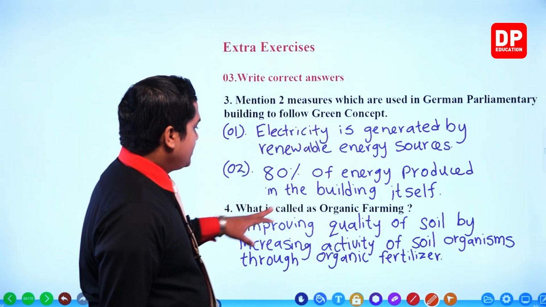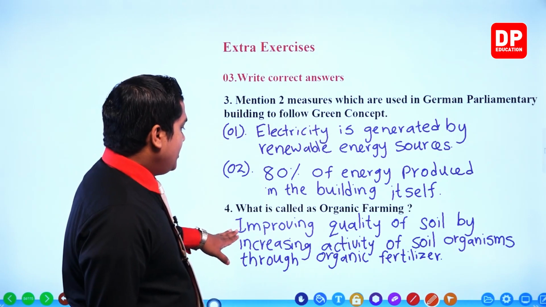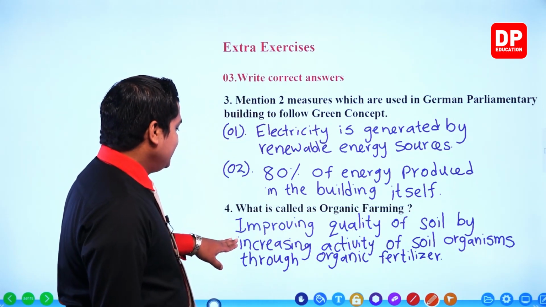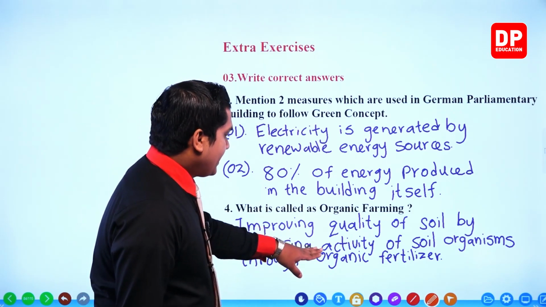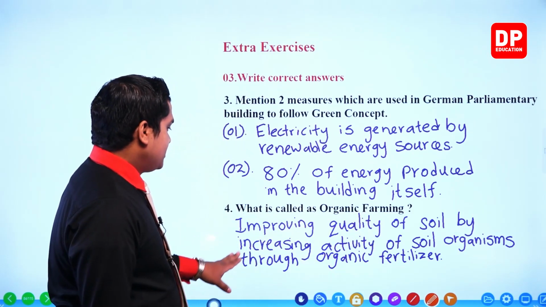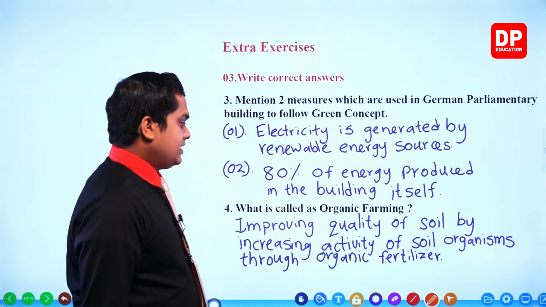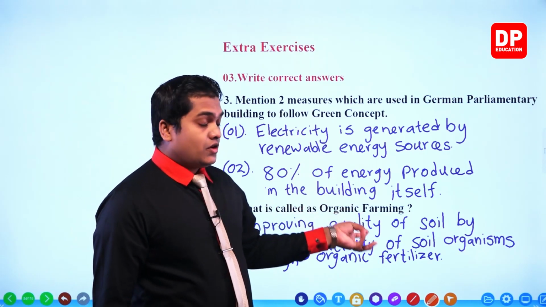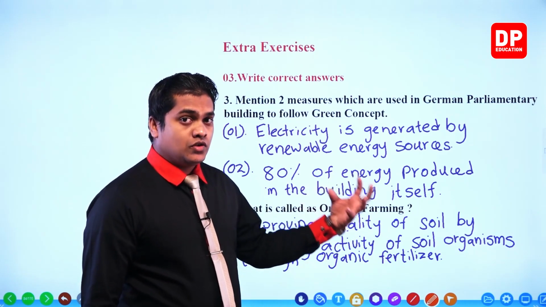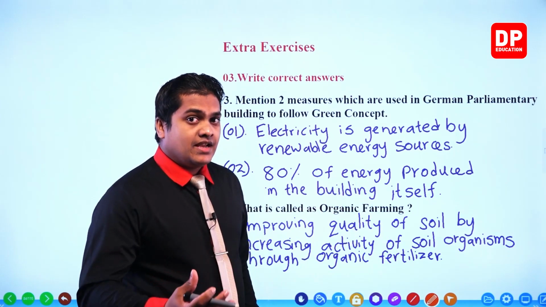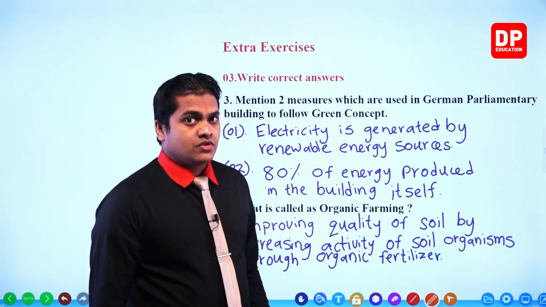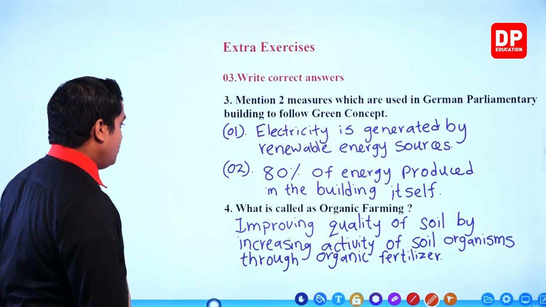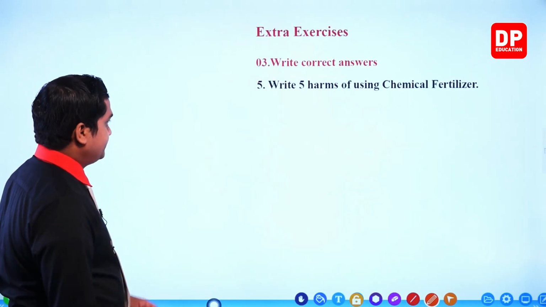So here, what is called as organic farming? Improving quality of soil by increasing activity of soil organisms through organic fertilizer, right? So not only the activity of soil organisms, but also enhancing the life cycles of soil organisms also. Okay, right. Then we'll move on to see the next question.